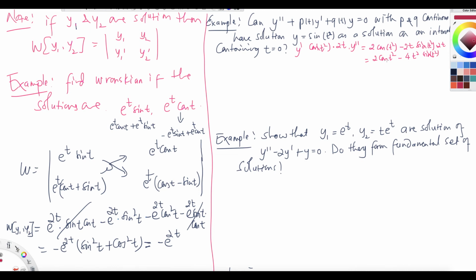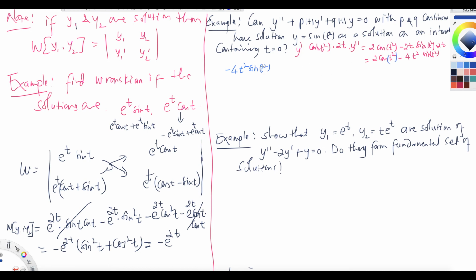Okay, now let us plug in here. If you plug in, what do you get? y double prime is negative 4t square sine t square. I'm just putting the t square term at the beginning.